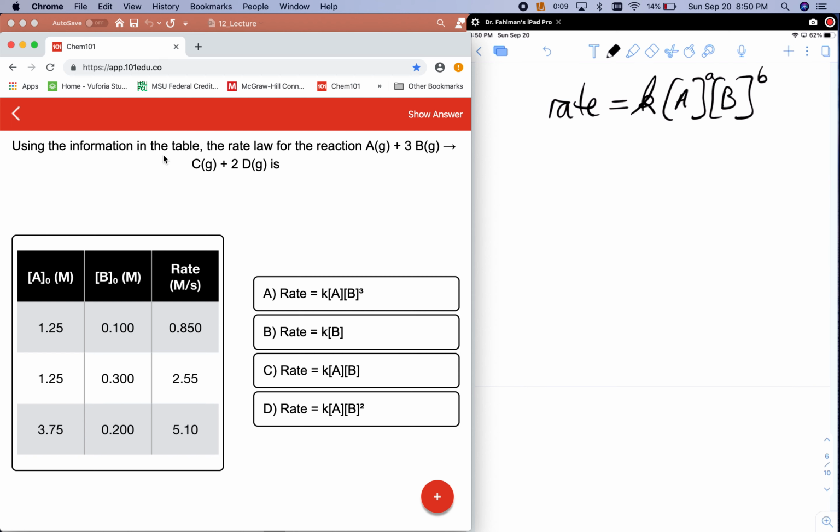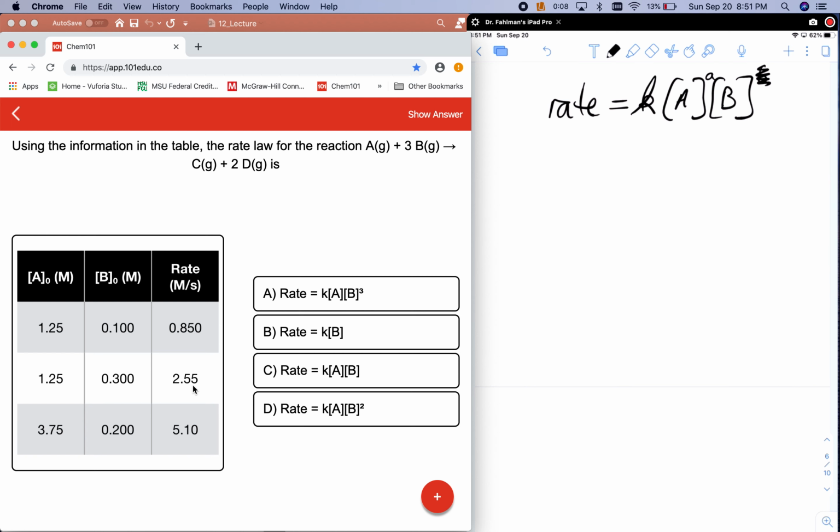It's pretty straightforward to figure out what B is, because A is held constant here. Here you're tripling B, and then you look at what happens to the rate. So 2.55 divided by 0.85 is a factor of 3. You triple this and you triple that, so B is just 1.